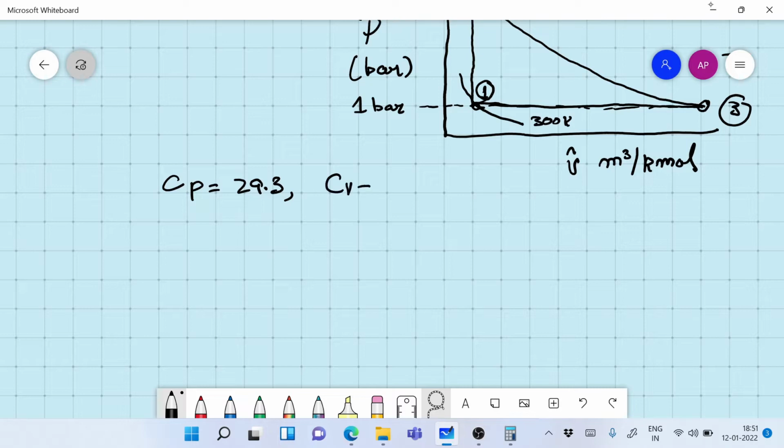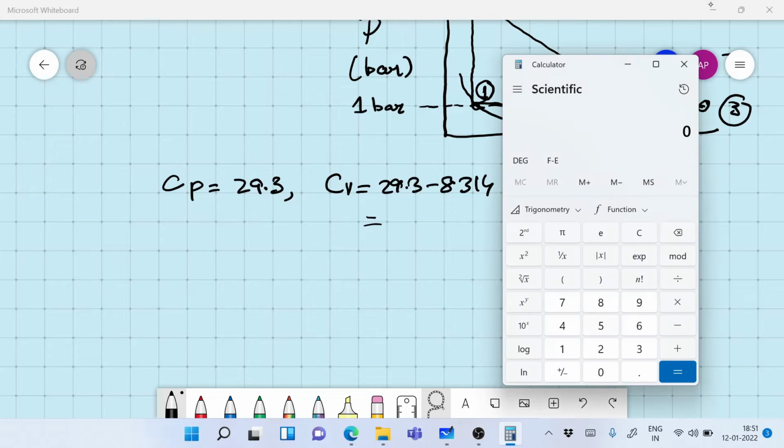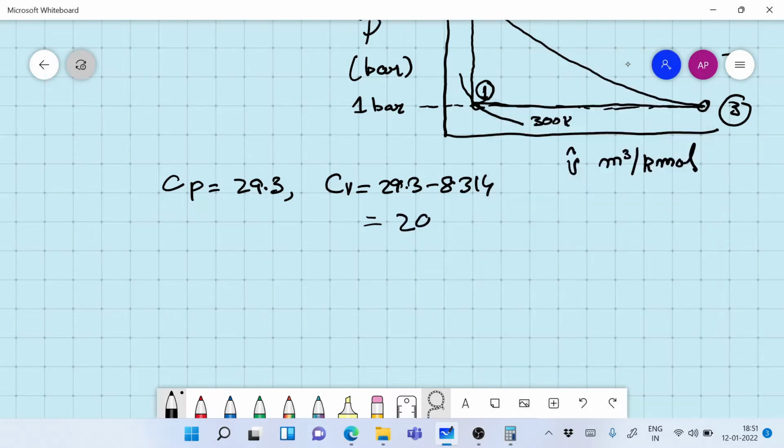So we have Cv as 29.3 minus 8.314, and this gives us 20.986 kilojoule per kmol Kelvin.